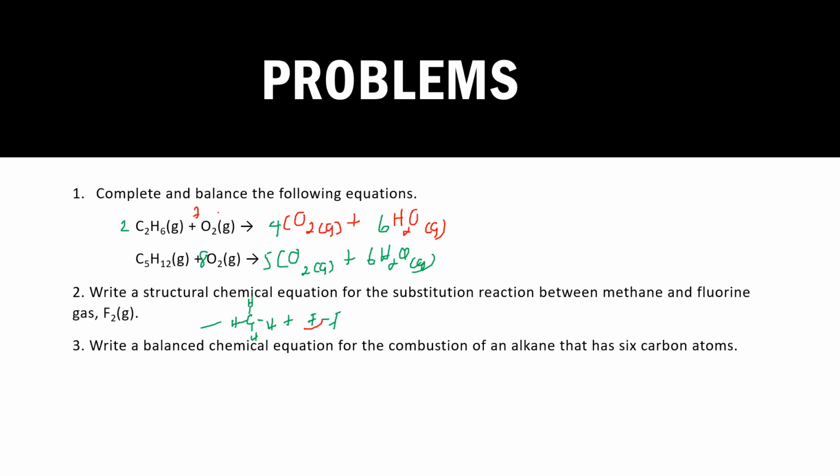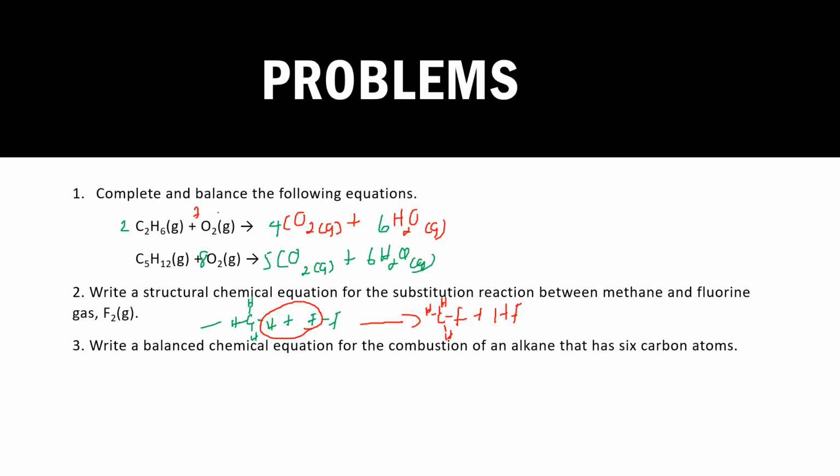One HF goes over to the side, and the other CH H H becomes 1 F. This process continues further until carbon tetrafluoride is formed.